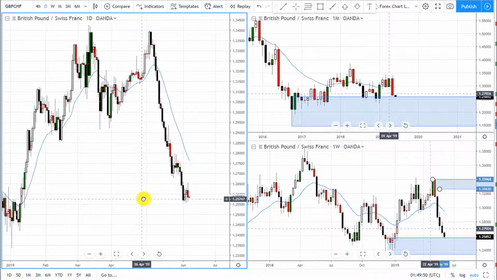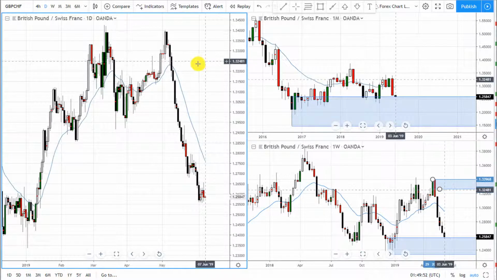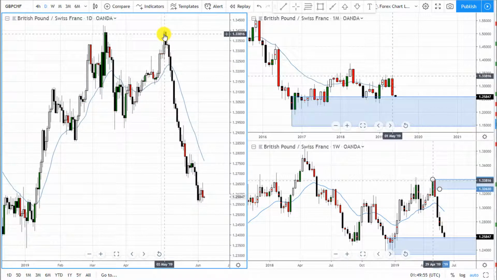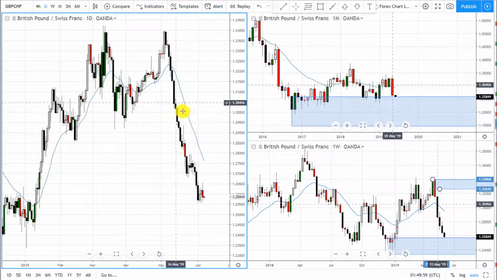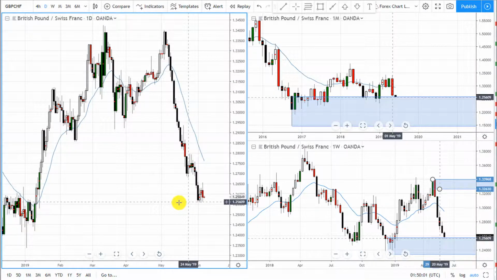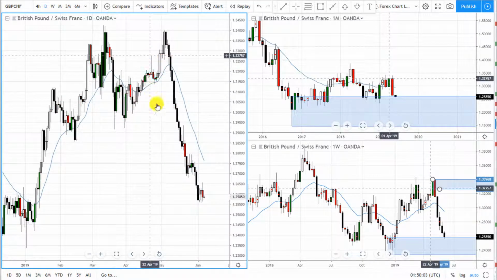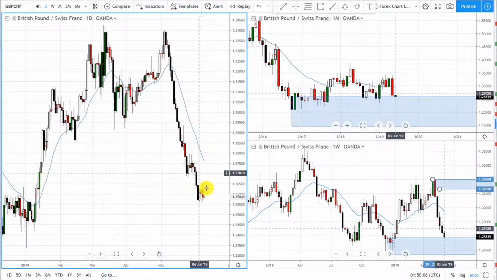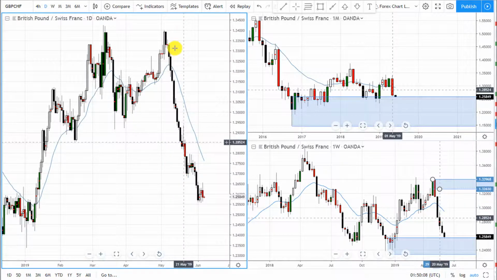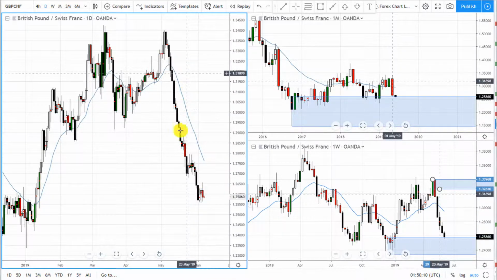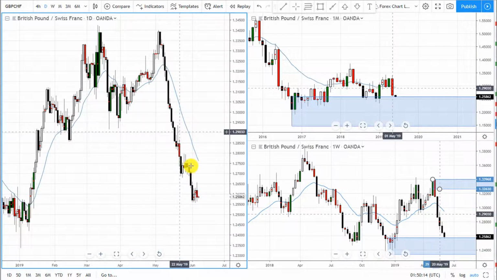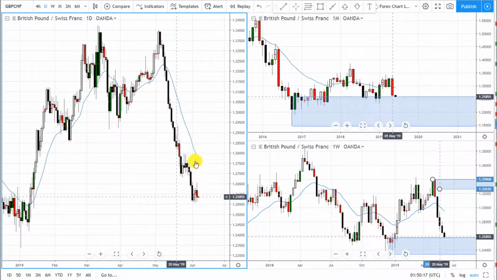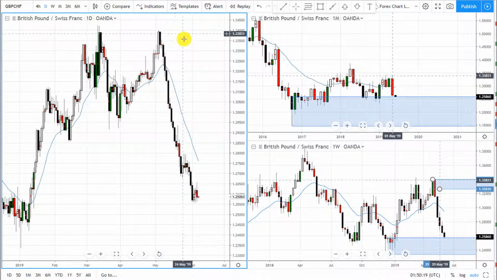And then let's take a look at the daily. On the daily, we can see that back in May 2019, price dropped and then it based and then drop, base, drop, base. So price has been dropping for a very long time, and this is what we call overextension, where it just drops forever. When there's overextension like this, it's poised to retrace all the way back to the origin of the move.